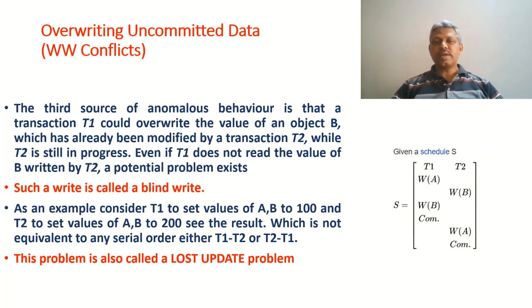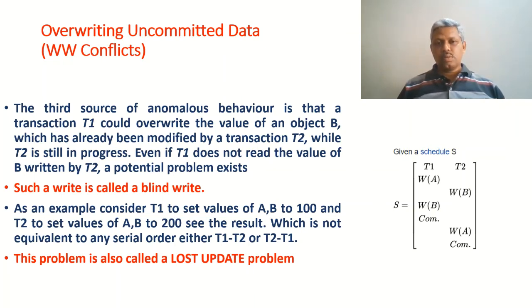First T1 writes the value of A as 100, and then immediately T2 writes the value of B as 200, and T1 again writes the value of B as 100 without reading whatever is there, and then commits, and then T2 writes the value of A as 200 and commits. The value of A is 200 and the value of B is 100, which is inconsistent.